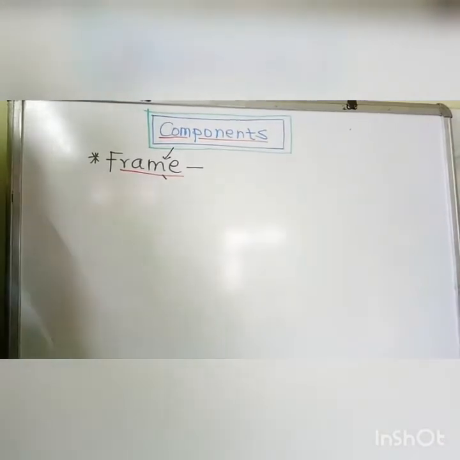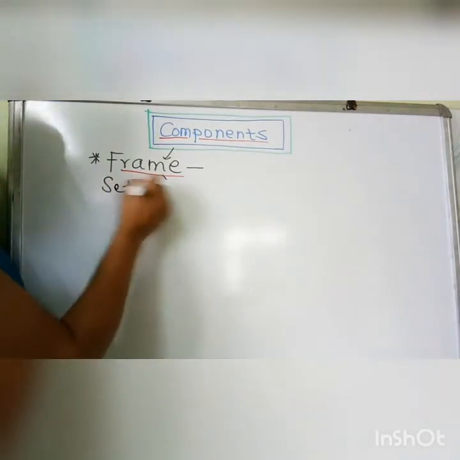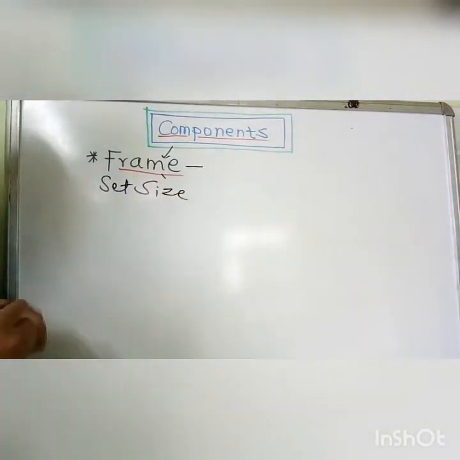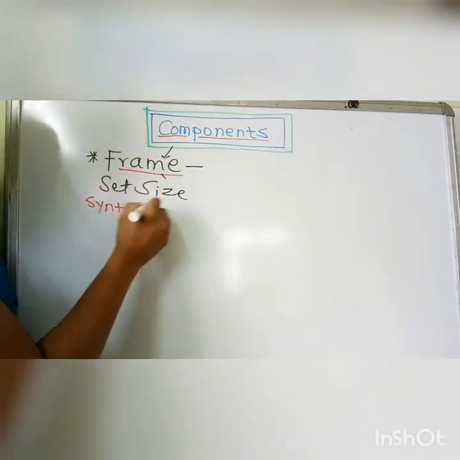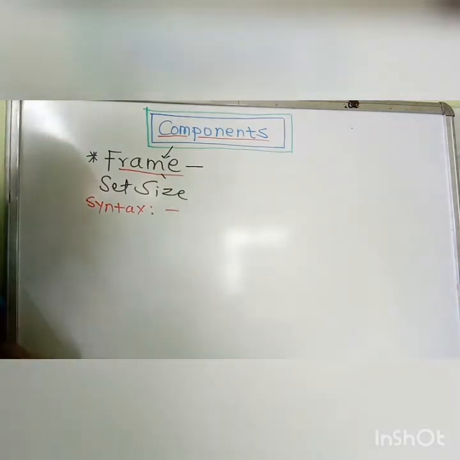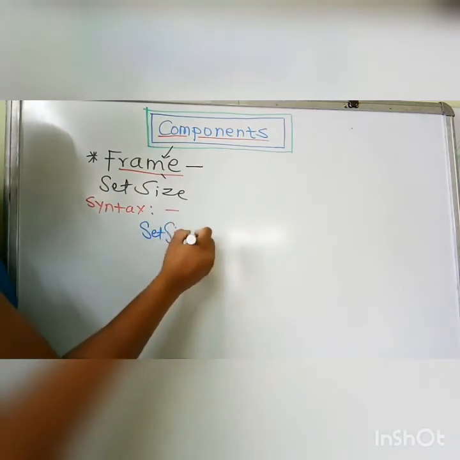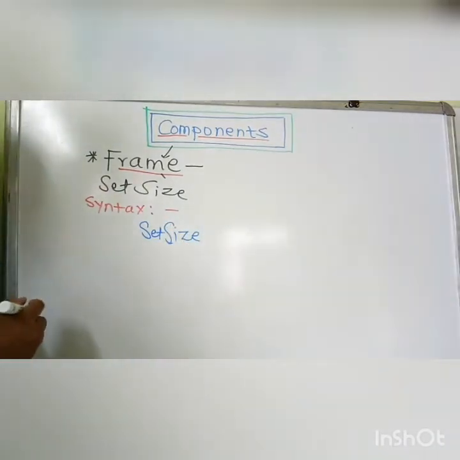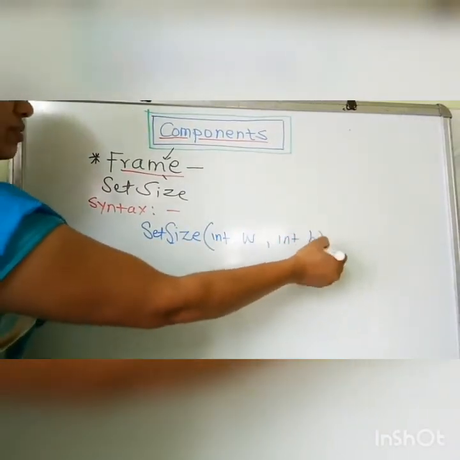So to do our work properly, we have to use the setSize method. The syntax of the setSize method is: you write setSize, with a small s and a capital S in Size, and you provide the integer width and integer height.